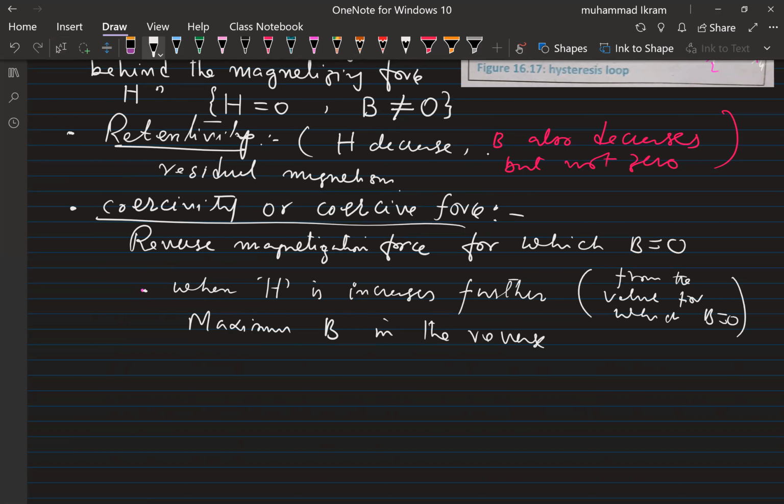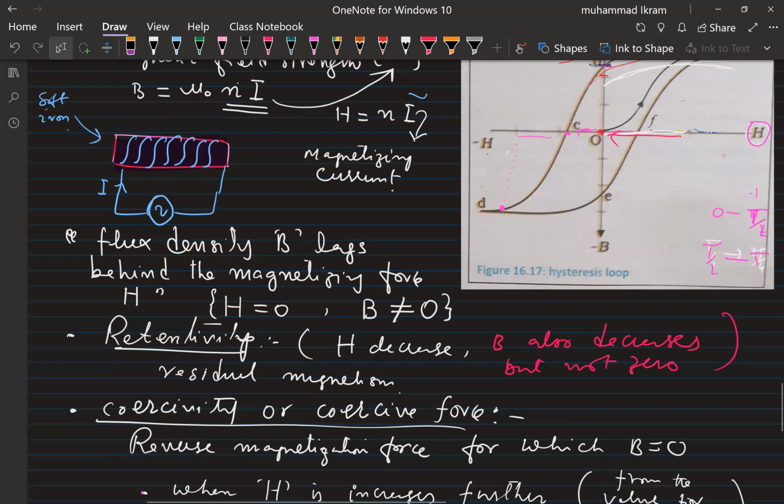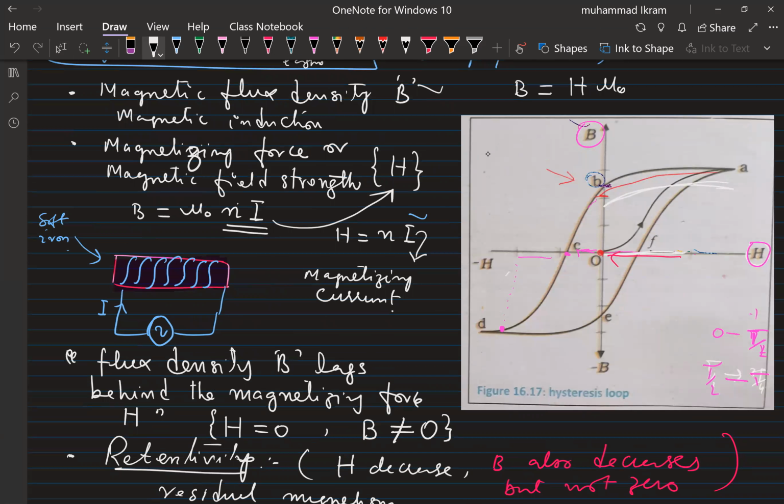Now again, when the reverse current falls to 0, the same curve repeats itself.